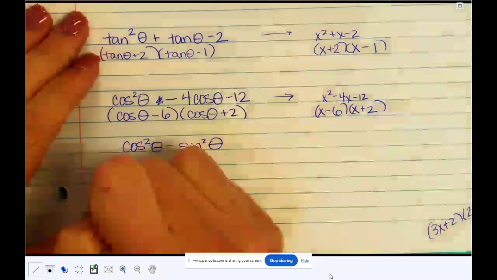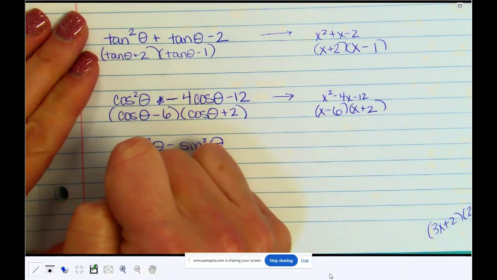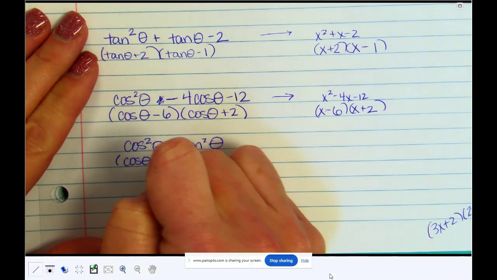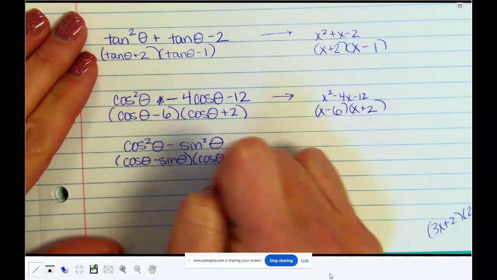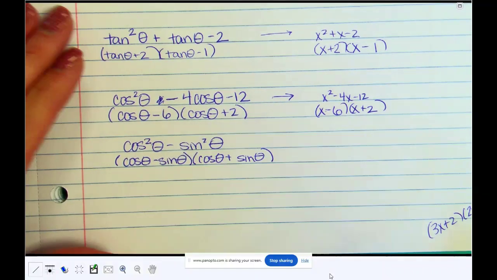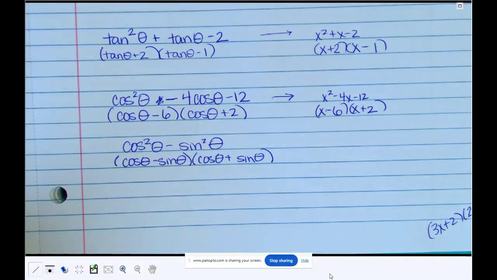So difference of squares says that you can do cosine minus sine times cosine plus sine. That's the factoring pattern for difference of squares. And this is the reason that we learn that pattern, because you could do all of them by going, it multiplies to -4 and it adds up to 0. But you're going to get stuff that's weird like this.